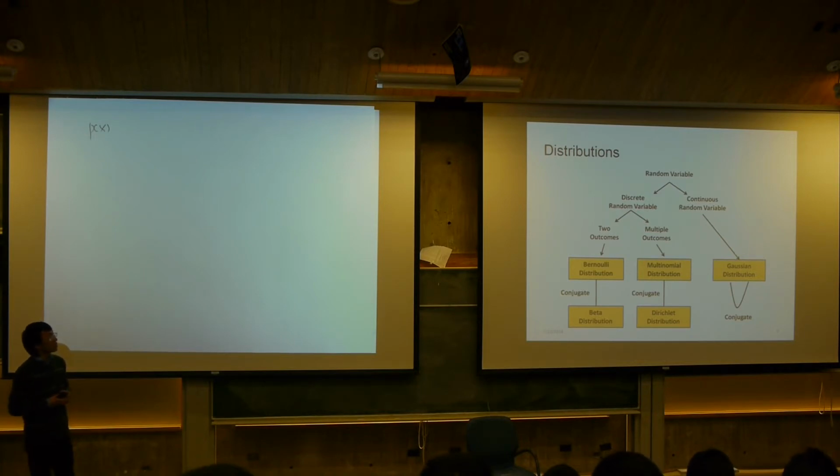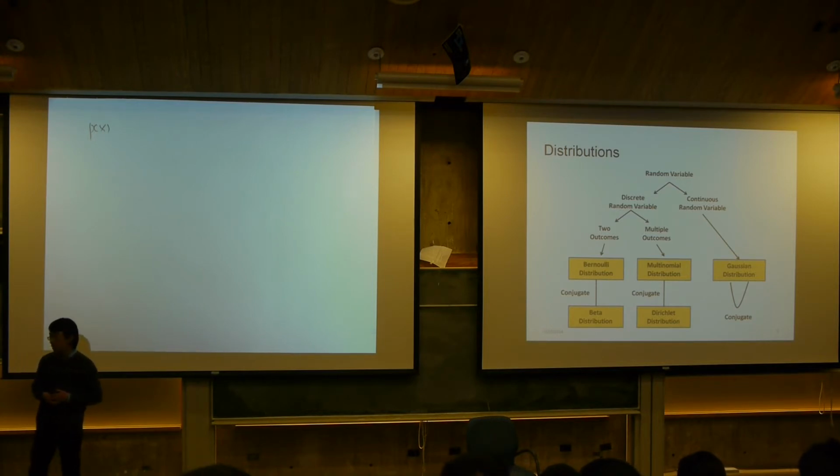One is the event has 2 outcomes, such as you toss a coin. It could be head or tail. Another case would be the multiple outcomes. If you toss a coin, it has a head or tail, 2 outcomes. If you toss a die, it has 6 outcomes, 1 to 6.